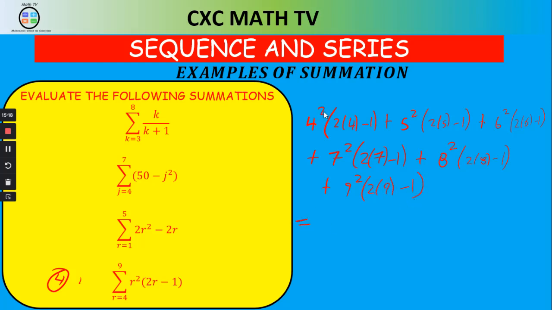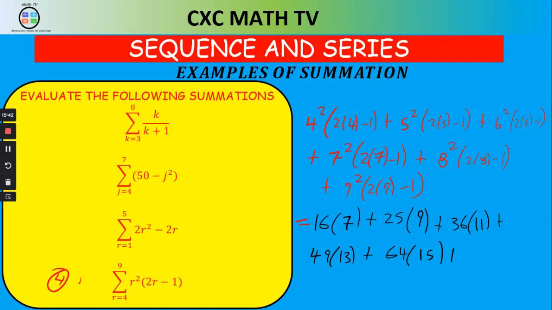So in that case it is 16 in bracket, this is 8 minus 1 is 7, plus 25 in bracket 9, plus 36 in bracket 11, plus 49 in bracket 13, plus 64 in bracket 15, plus 81 in bracket 17.